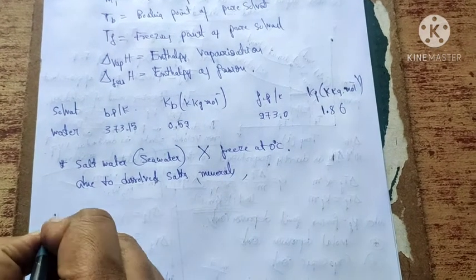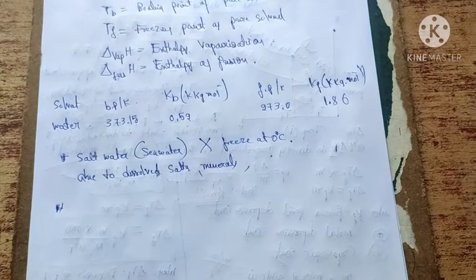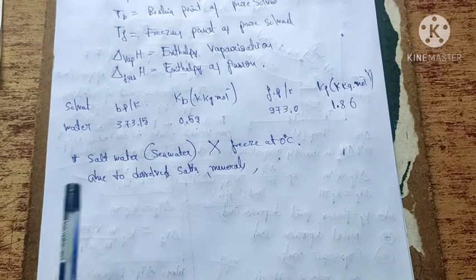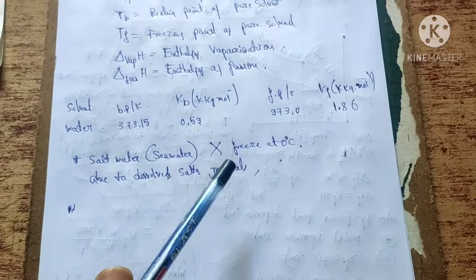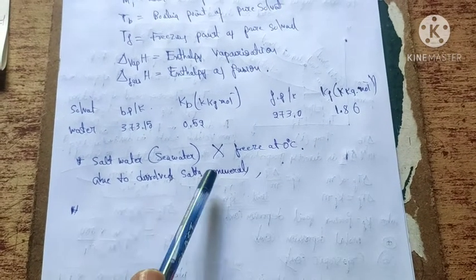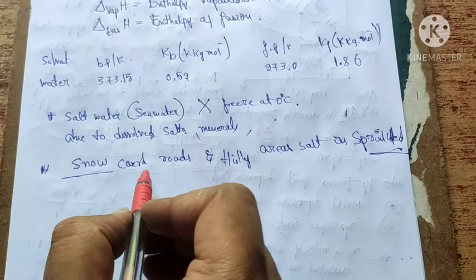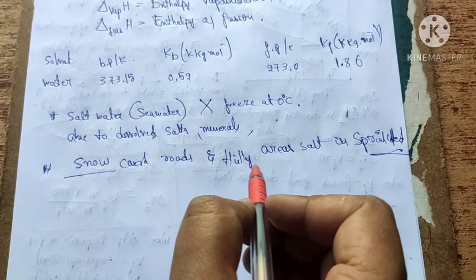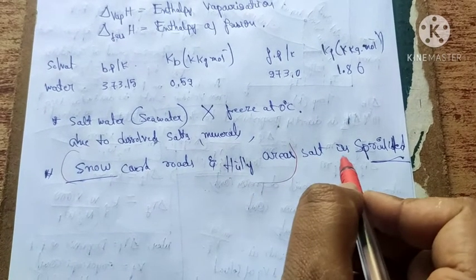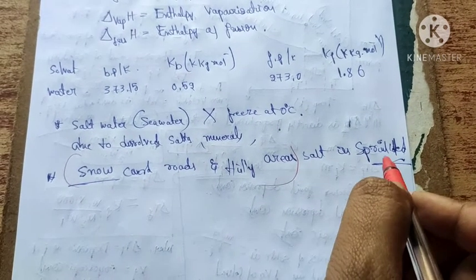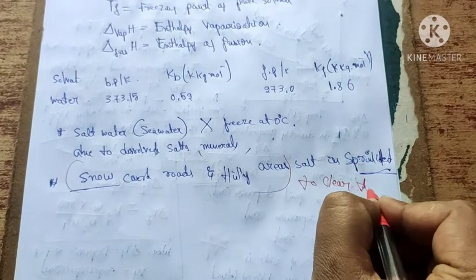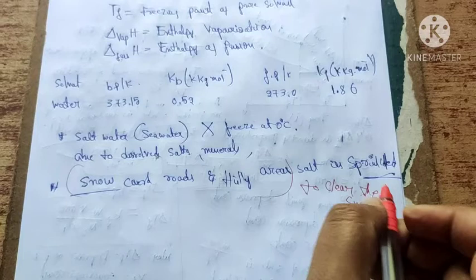One more example, just observe. In western countries like the US, roads get blocked during winter because of the accumulation of snow, covering roads and hilly areas. In that condition, salts are sprinkled to clear the snow.